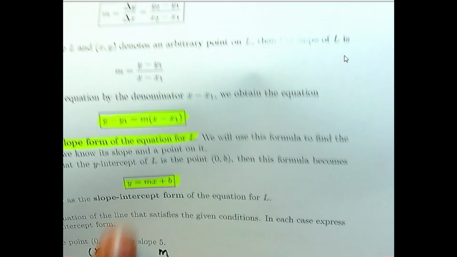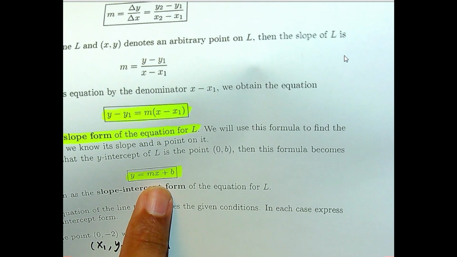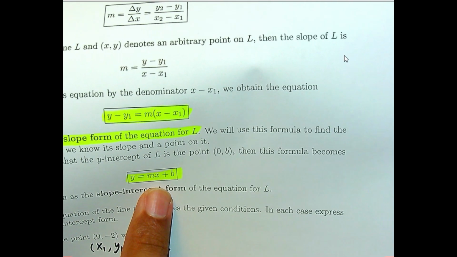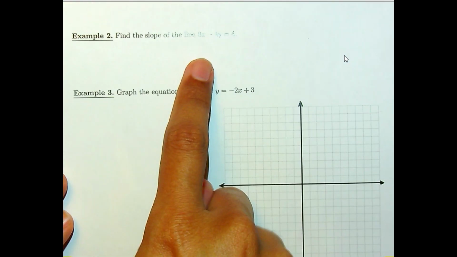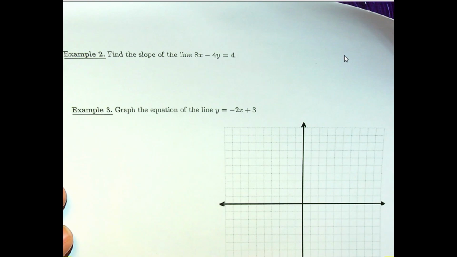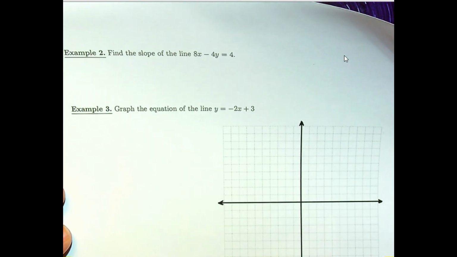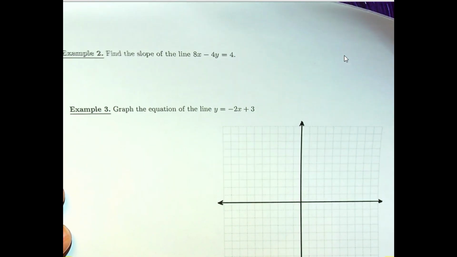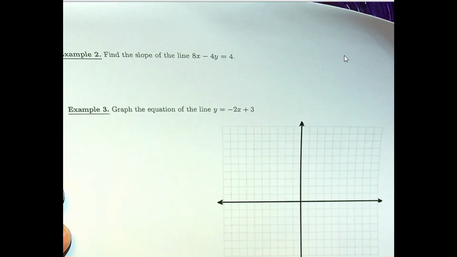It is only what is in front of the x if you have solved for y. So here, what is in front of the x is 8, but it may or may not be the slope. I don't know. The only way we can know the slope is solving for y and then seeing what is in front of the x.